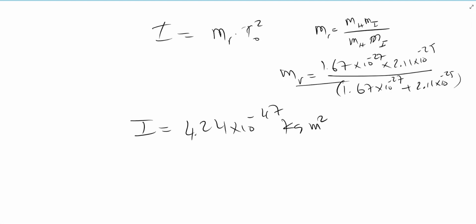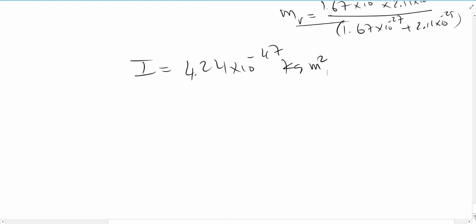Okay, B. Calculate the wavelength of the photon emitted in each of the following vibrational transitions. First of all, we need the expression for the energy of vibrations and rotation. In this case, the energy is quantized, and it's given by E_{n,L}.